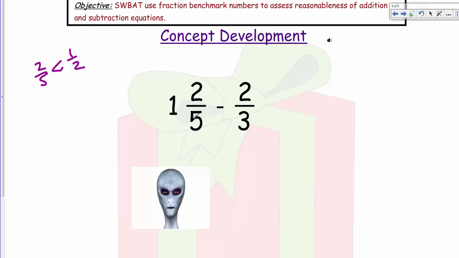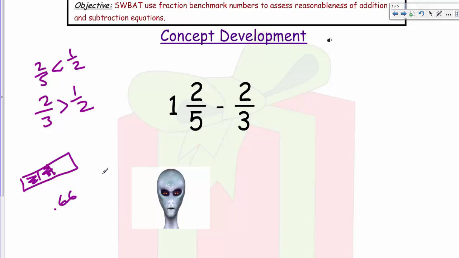I know that 2/3, on the other hand, is larger than 1/2. I can see that because when I think of that model and break it up into thirds, the 2/3 is going to go over the halfway mark. Also, you may recall that as a decimal, 2/3 is 0.66, so it's above 0.50.